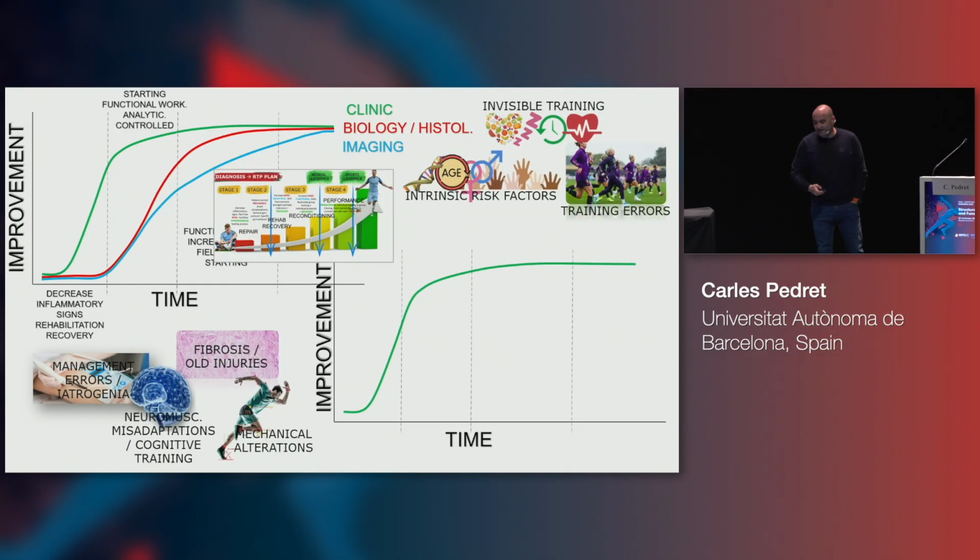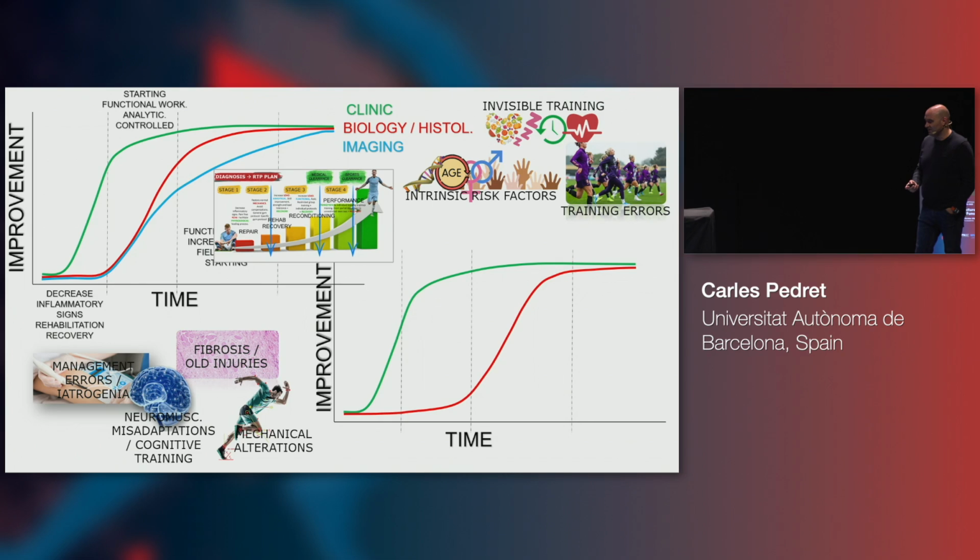So what can happen due to a lot of factors, external factors, is that this biology and this imaging delays regarding the clinical aspect. So this is chronifying or making longer and bigger the soft scar stage.